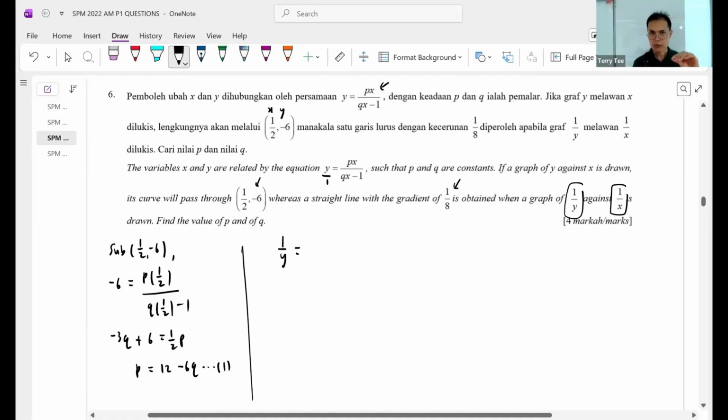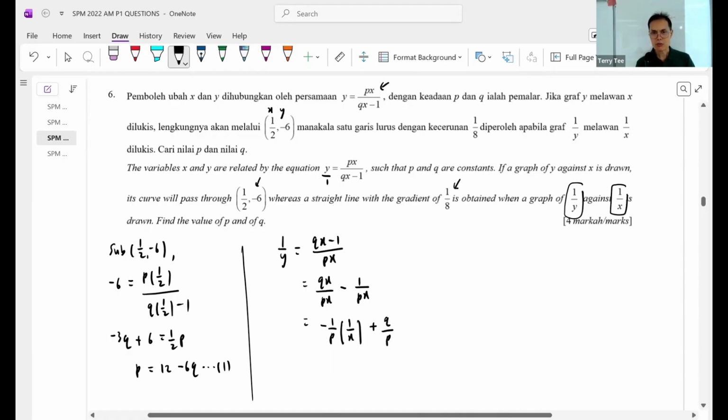So it becomes 1 over y. This one is switched upside down, becomes qx minus 1 over px. Now we need to separate them into 2. How to separate them? We write qx over px minus 1 over px. Okay, so let's break it up to negative 1 over p bracket 1 over x plus q over p.